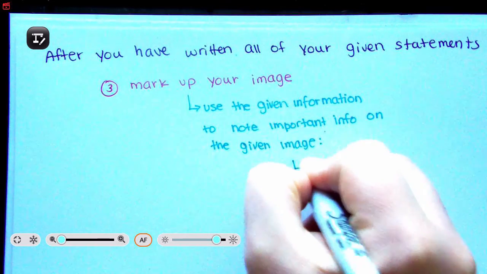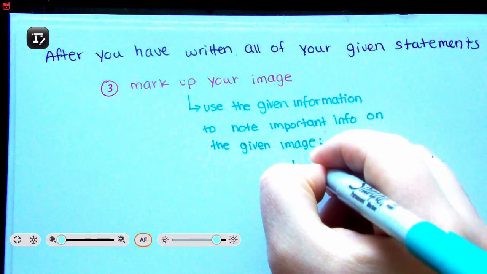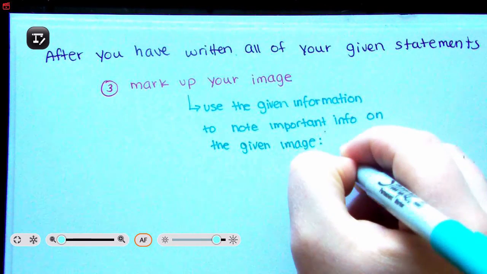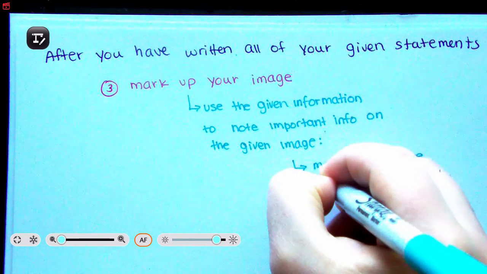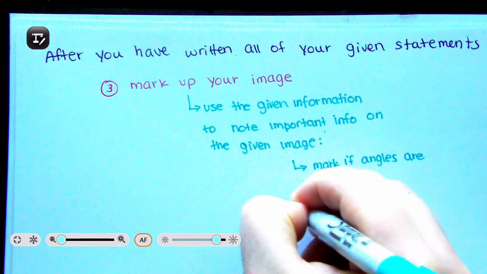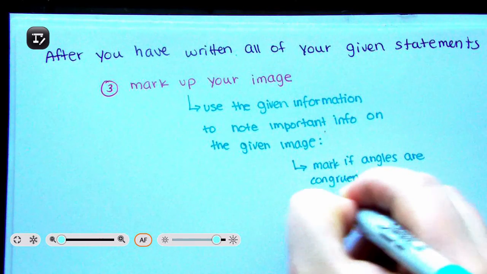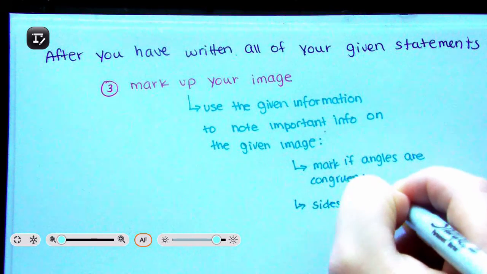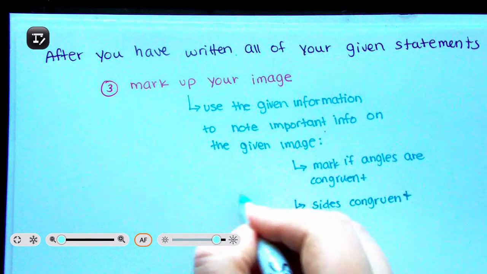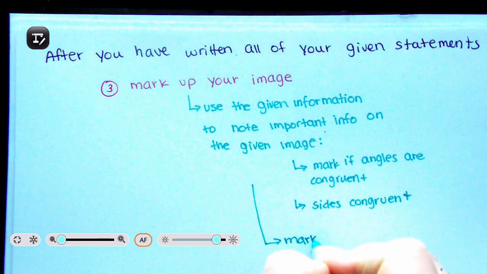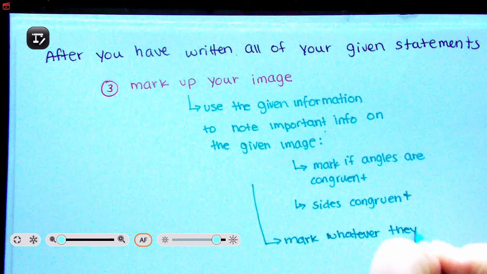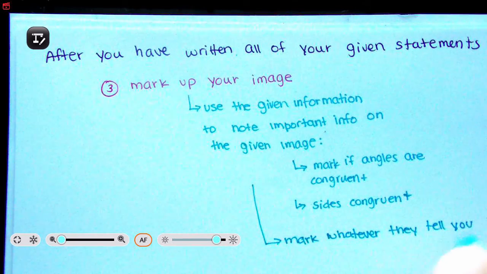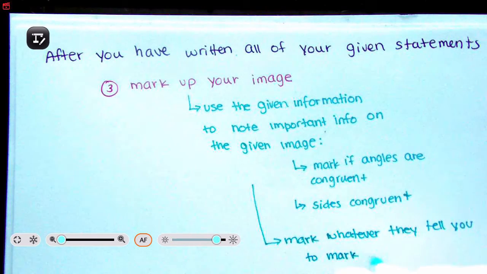For example, you're going to mark if angles are congruent. You're going to mark if sides are congruent. Basically, you're going to mark whatever they tell you to mark. And that's going to be located in the given section.